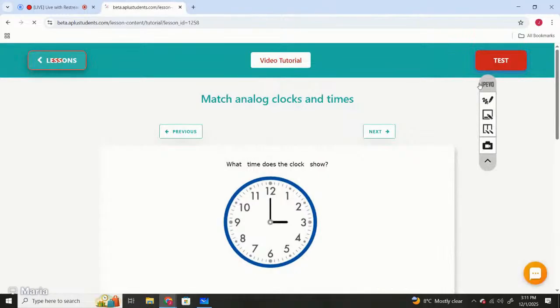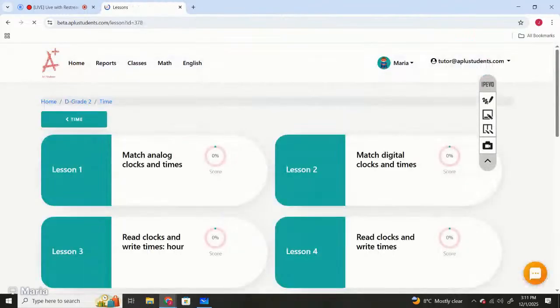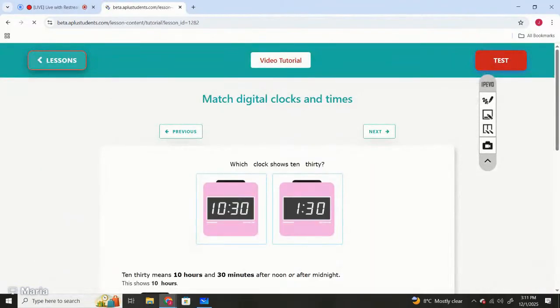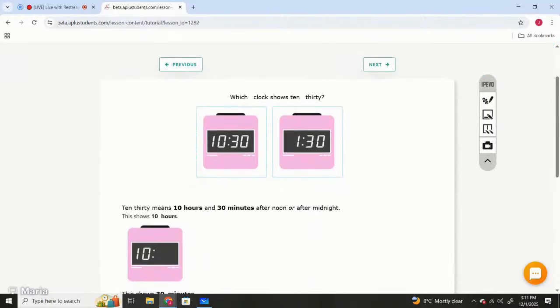The next lesson is match digital clocks and times. Match digital clocks and times. So which clock shows 10:30, which is the correct option?